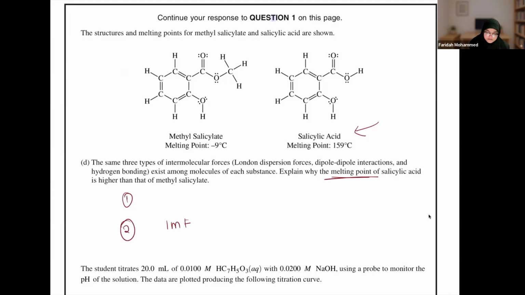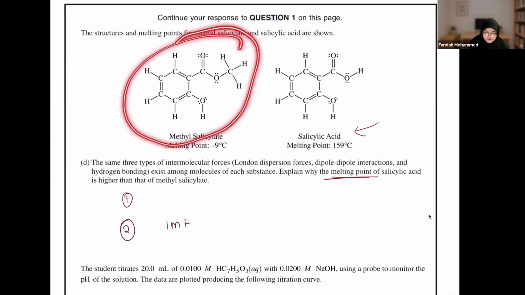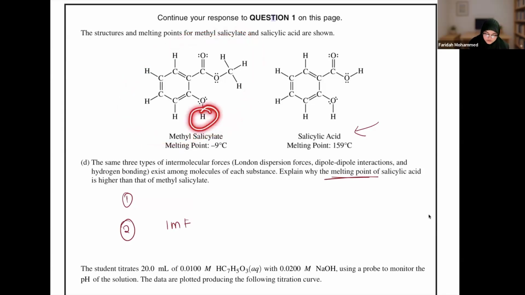Make sense? Now, how many hydrogen donors do you have here? You have one hydrogen donor. How many hydrogen acceptors do you have here? You have 1, 2, 3 hydrogen acceptors. In hydrogen bonding, you have hydrogen donor and hydrogen acceptor.